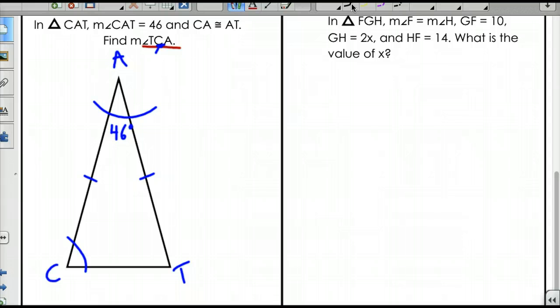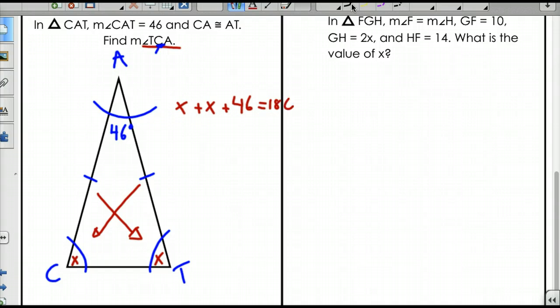So first we're going to draw which angles are congruent. So opposite angle here, opposite here. So we know that these two are congruent angles. All right? And we'll put our x's here, because we don't know what these two are. And we'll do x plus x plus 46 equals 180.